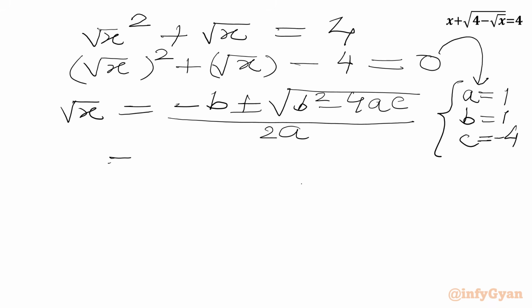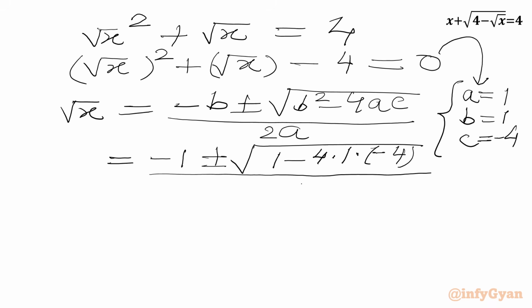Let's apply all the values in our formula. Minus b, so minus 1 plus minus square root of b square, which will be 1 square, which is 1, minus 4 times a is 1, c is minus 4.